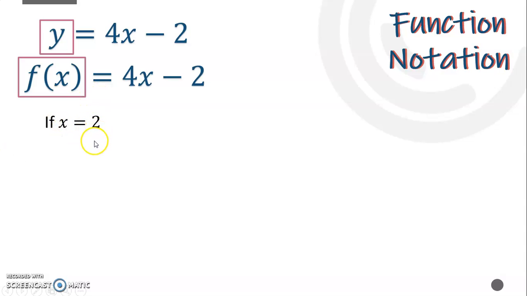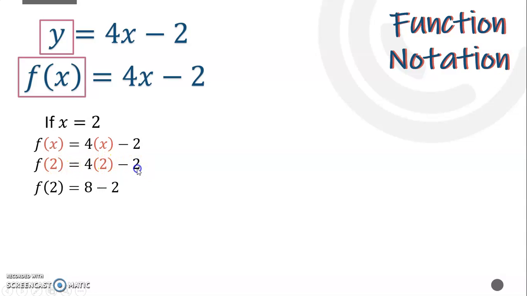What do you need to do when they tell you if x equals 2? What you need to do is replace the values you have of x. So instead of f of x equals 4 times x minus 2, you will write it like this: f of 2 equals 4 times 2 minus 2. You solve it normally. 4 times 2 equals 8, minus 2, and 8 minus 2 is 6.